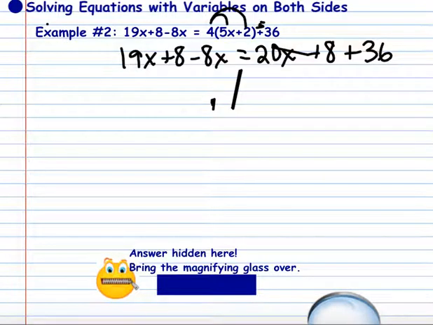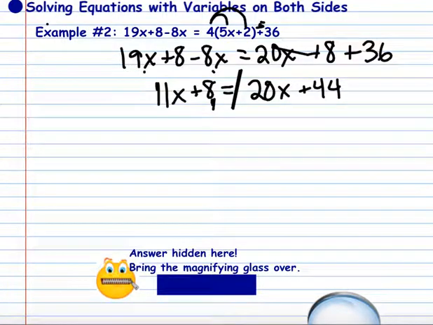Well, we then need to combine like terms on the same side. That means that this 19x and this negative 8x become an 11x plus 8 equaling, well, the 20x doesn't have any partners on that side, so we need to add together the 8 and the 36. So we have 20x plus 44.